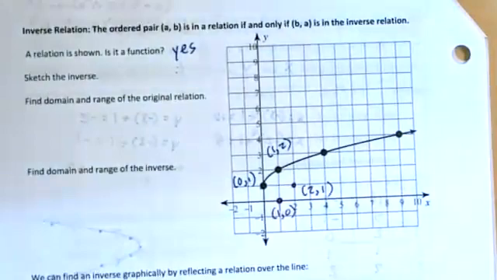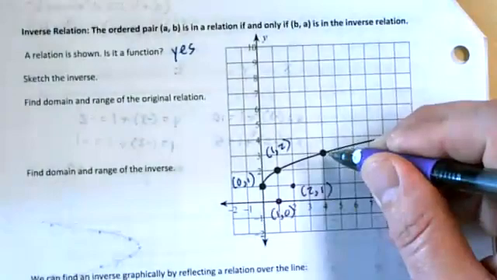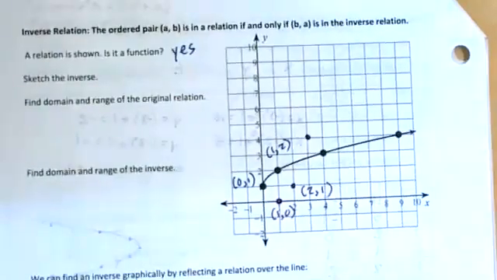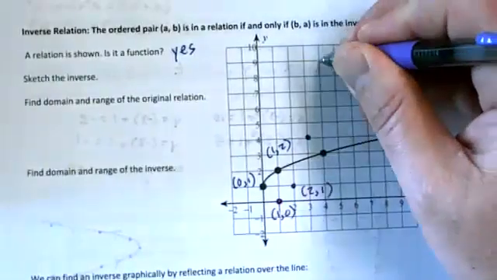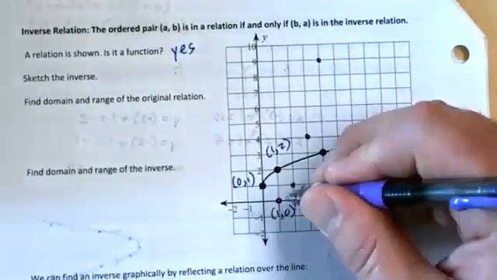We'll do the last couple without labeling them. So what do we got here? (4, 3) is going to become (3, 4). (9, 4) is going to become (4, 9). And then we'll sketch that inverse in.